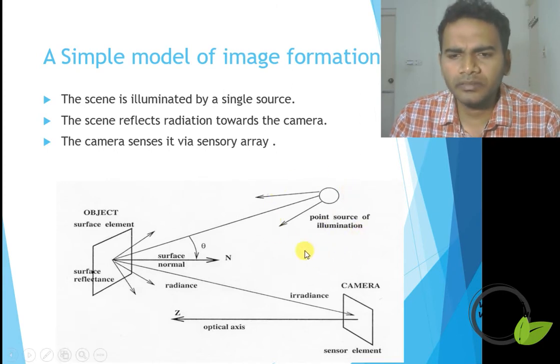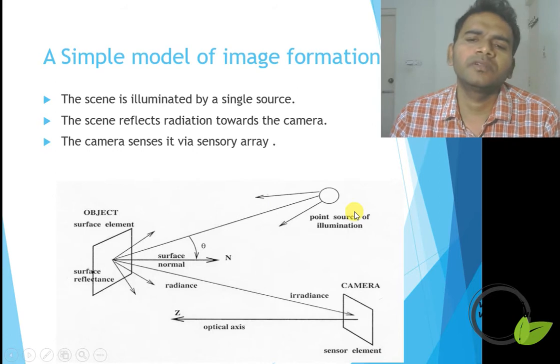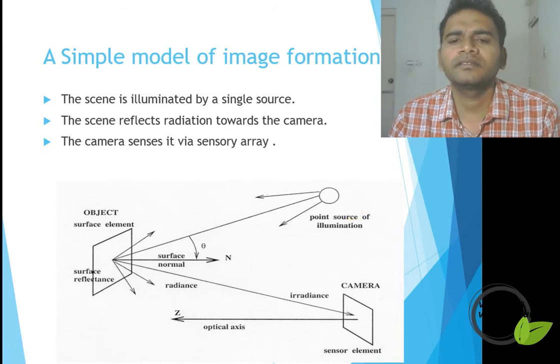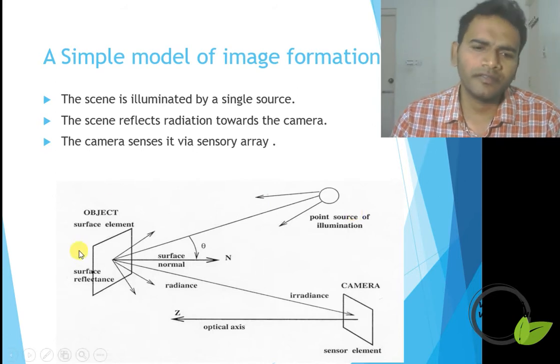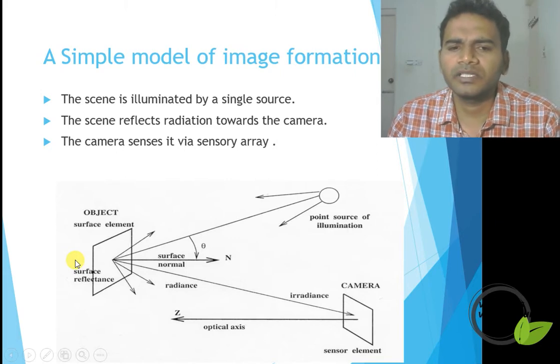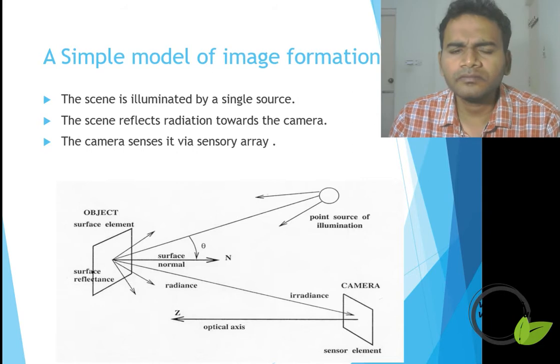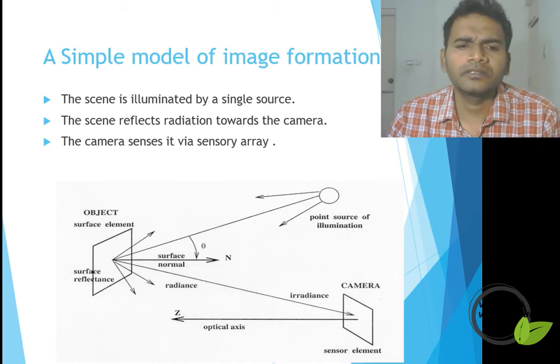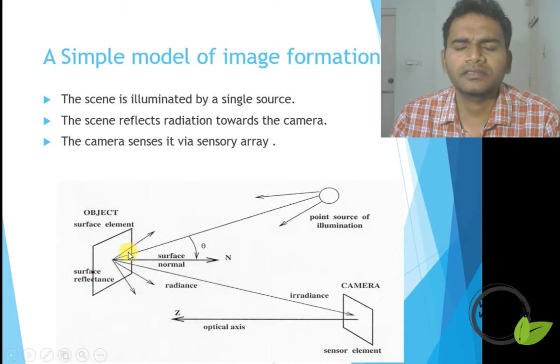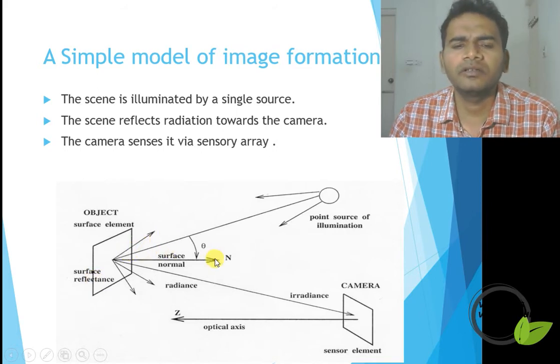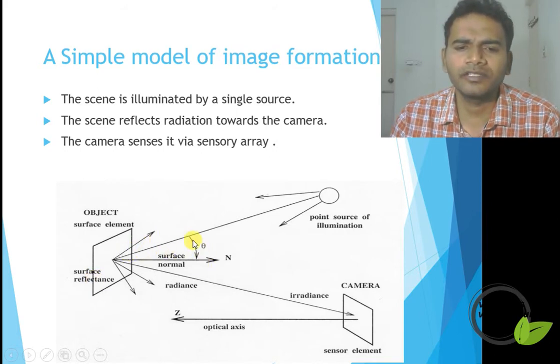This illumination transmits light quanta onto a surface, which is basically the object being captured. You have an incident radiation, which has an angle with the normal to the surface, called the angle of incidence.